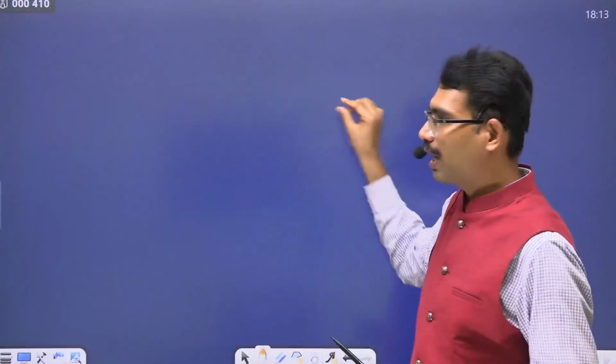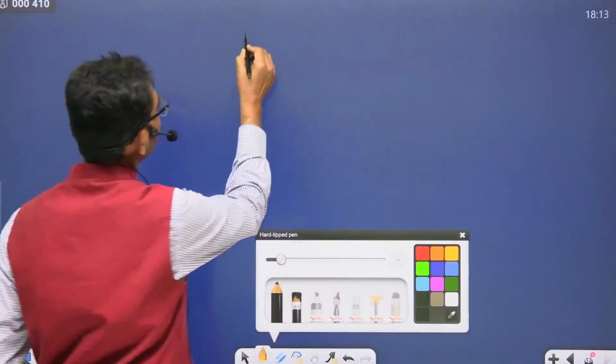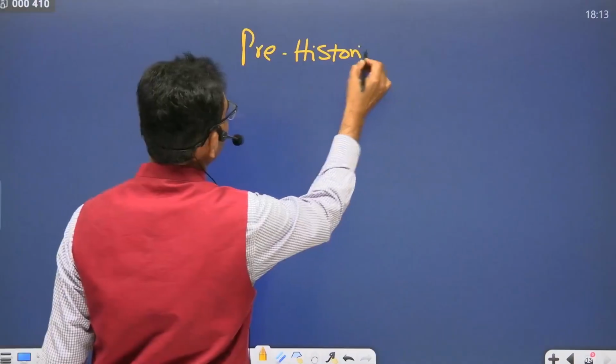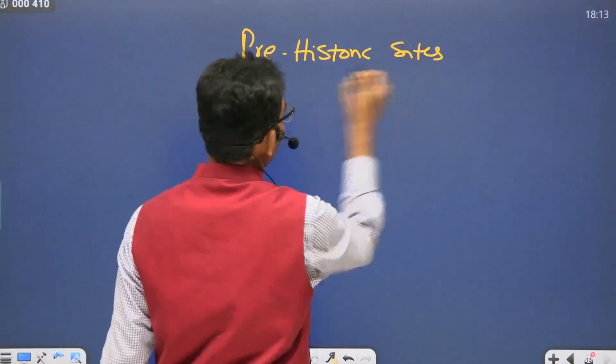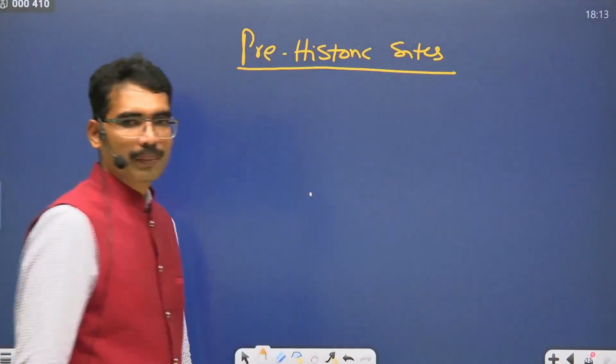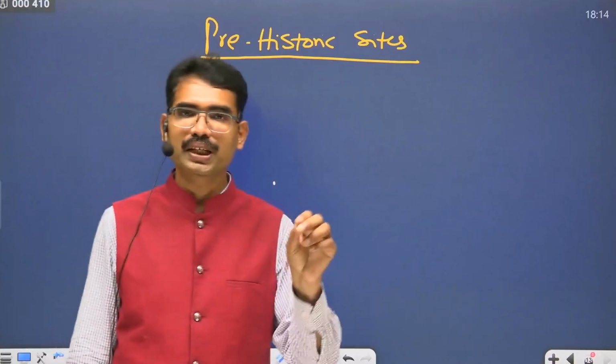These are the places, again, prelims. Whatever I am marking on the map is very important from the prelims point of view. The heading is prehistoric sites. Prehistoric sites: I already gave you the term prehistory.